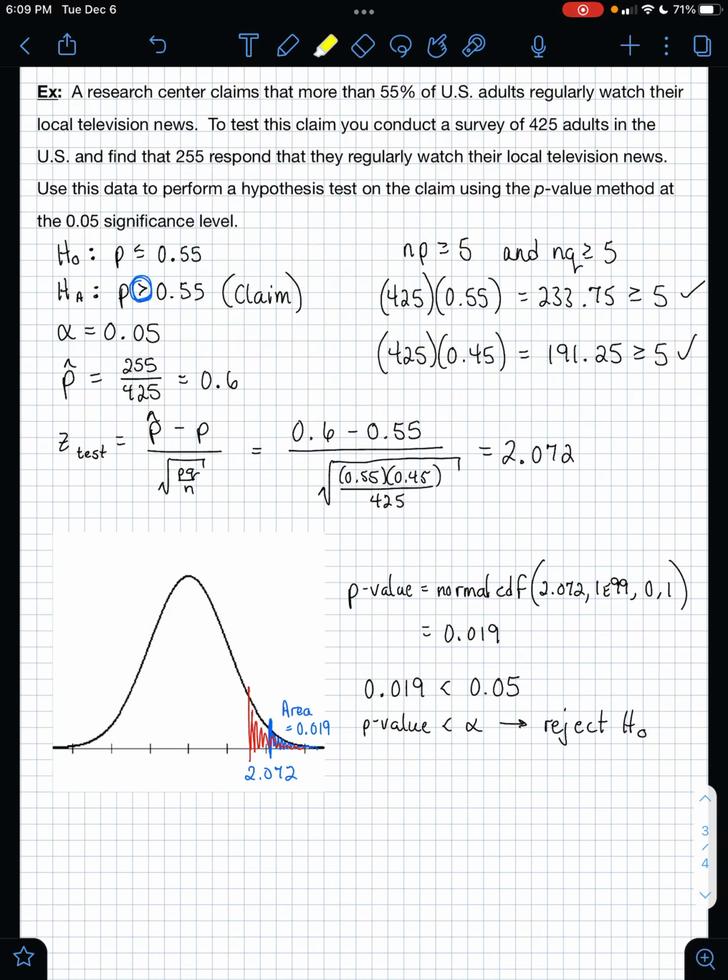Now, what does that mean as far as our conclusion statement? A decision to reject H sub O means that if we're rejecting H sub O, we're accepting the alternative hypothesis.